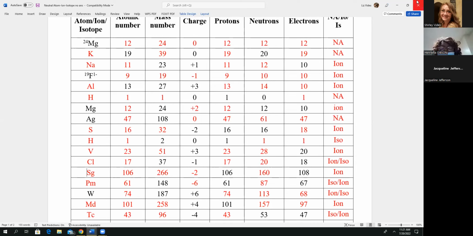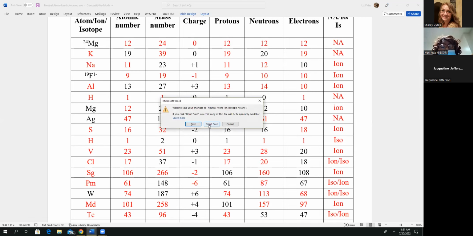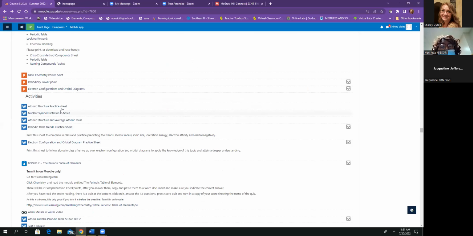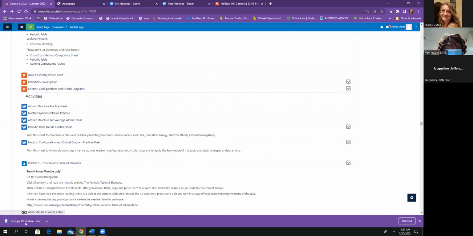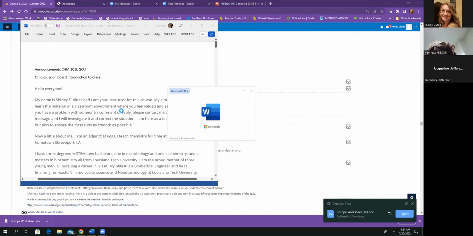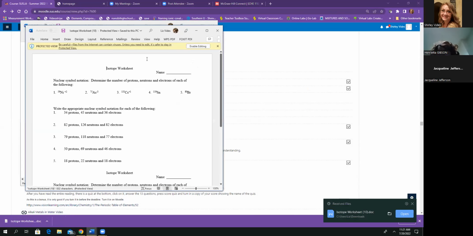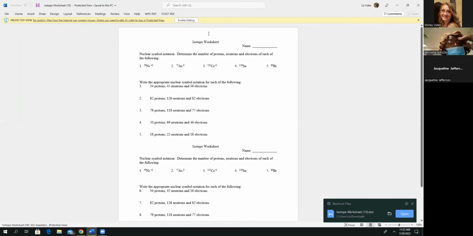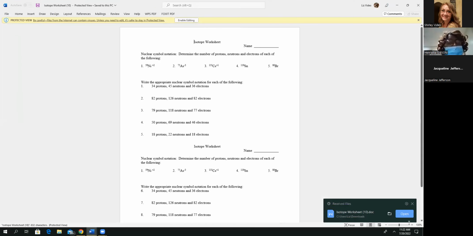So let's do one more thing. The next thing we're going to do is a nuclear symbol practice. A lot of people say the table is more confusing to them than this one, but you are going to encounter them either way.